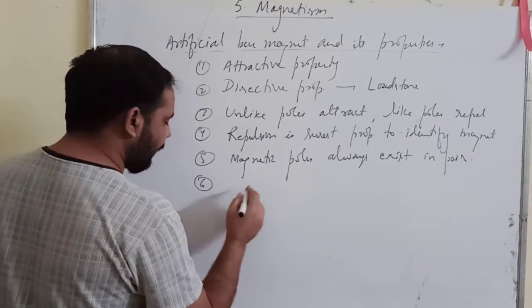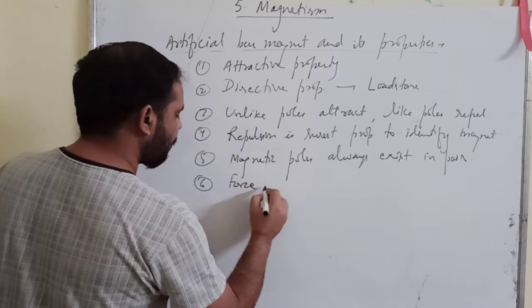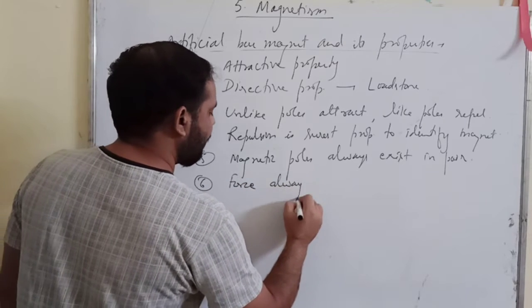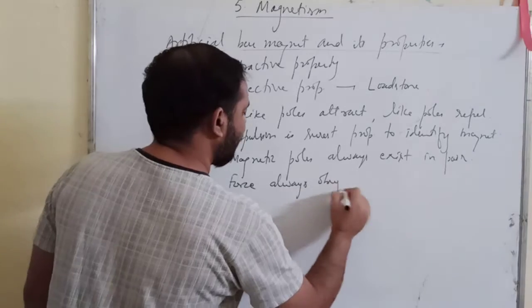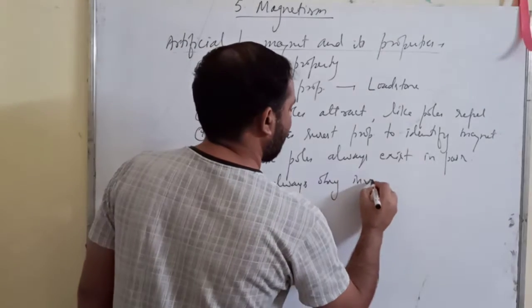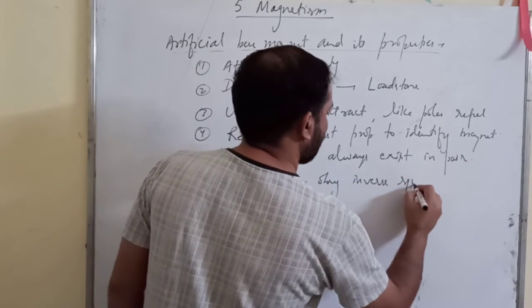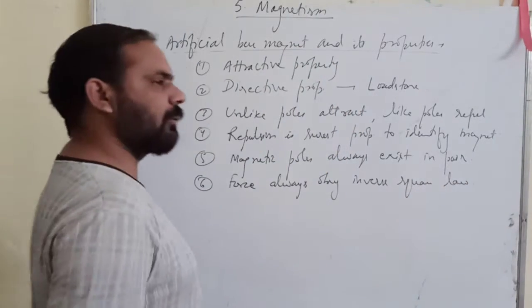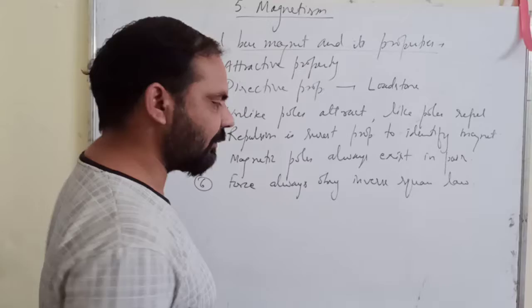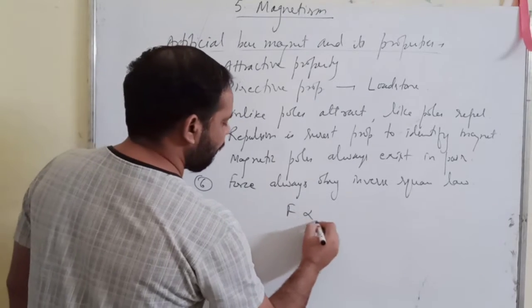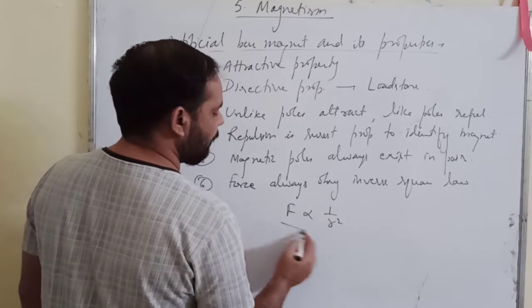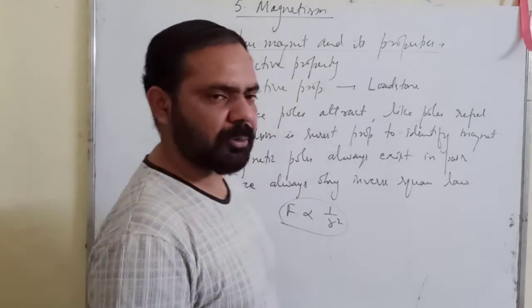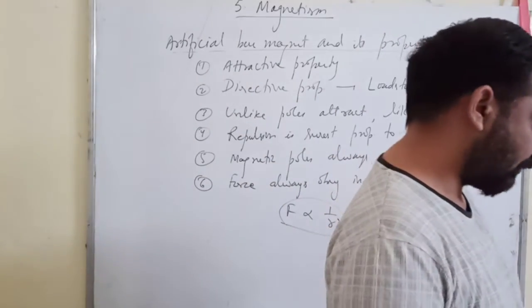Then the sixth property is that the force always obeys the inverse square law. The magnetic force can be attractive or repulsive, and it is always inversely proportional to R square.